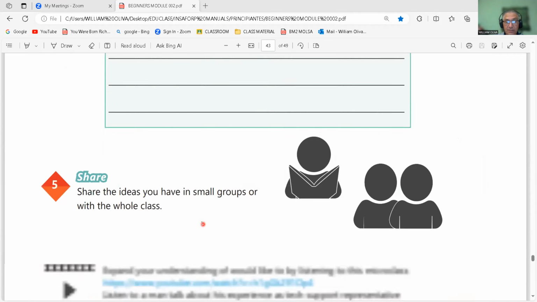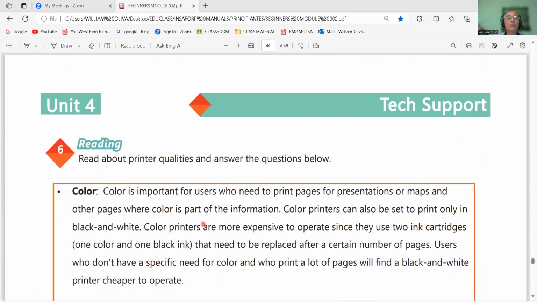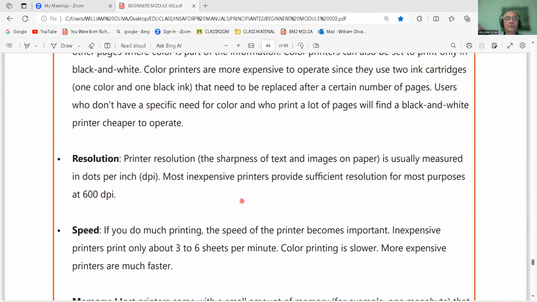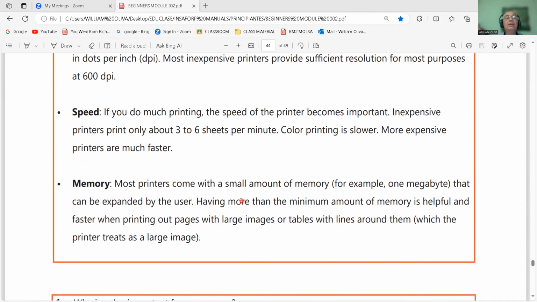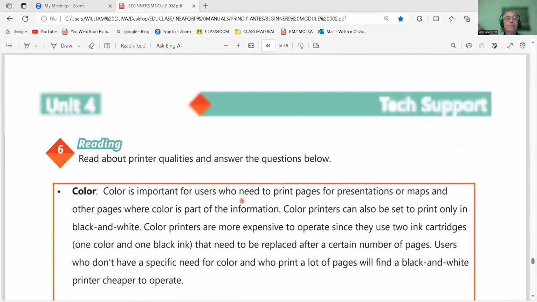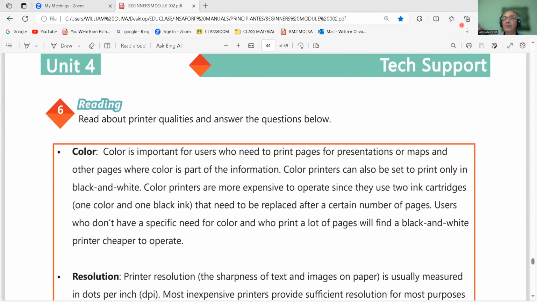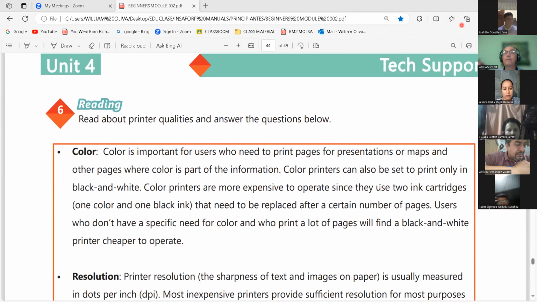Read about printer qualities and answer the questions below. Color, resolution, speed, memory. Let's start reading about color.